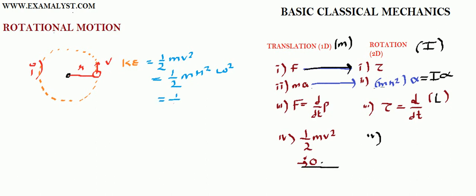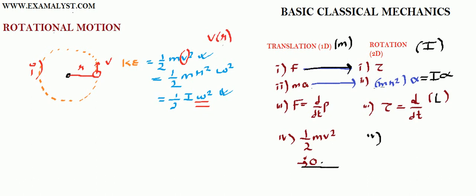Mr square is the moment of inertia that acts as mass, and omega acts as velocity. Now the question is, when this is so good, why have we written it this way? There is an interesting reason behind it. In rotational motion, omega is the main thing that is constant. V is not constant for rotation because v is a function of r.